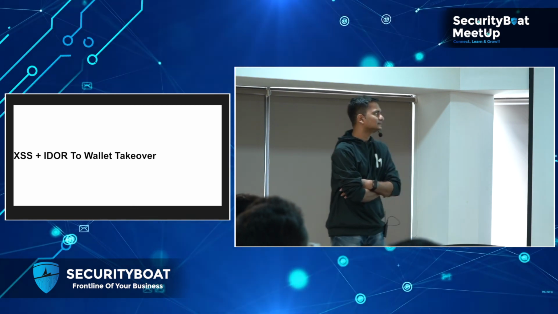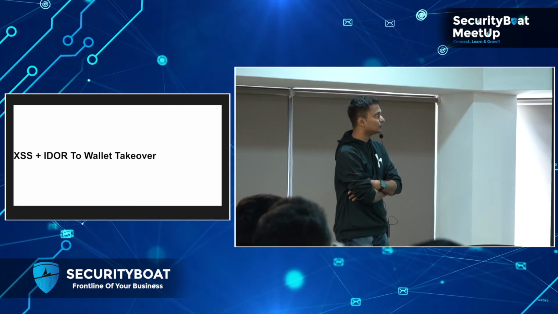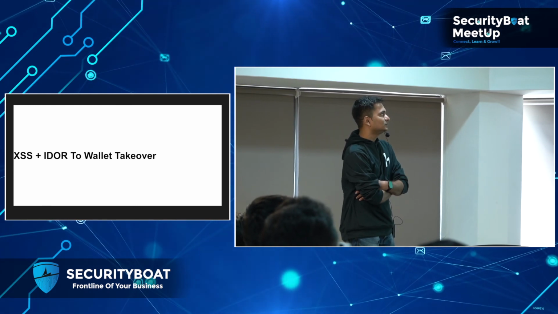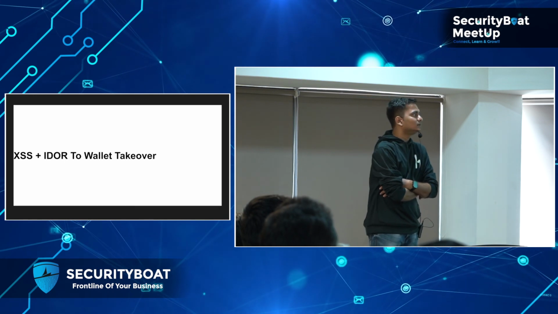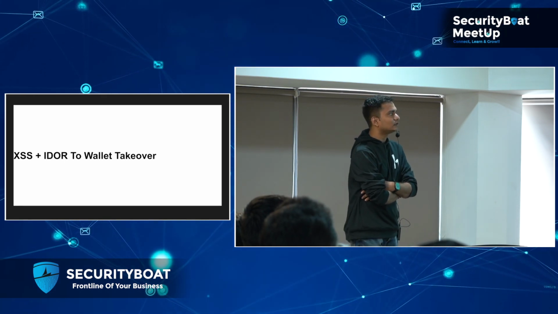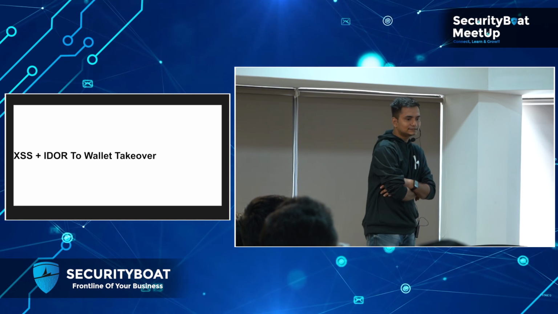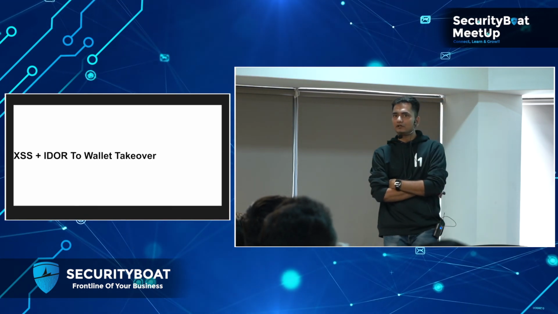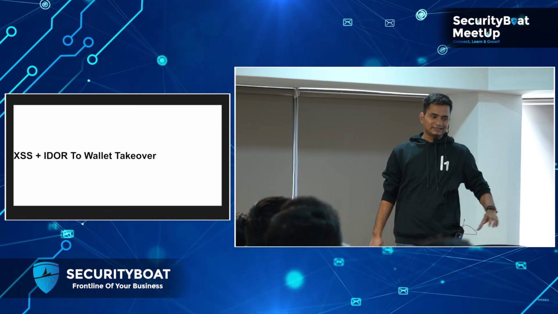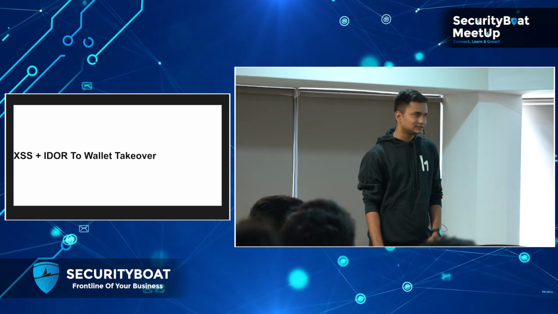The request is this: the XSS is still on the attacker's page, so maybe you can call it self XSS. But if we click on this icon, the Twitter link, we got the XSS, right? So, stored XSS. Now we will be using an IDOR to make changes to anyone else's account.